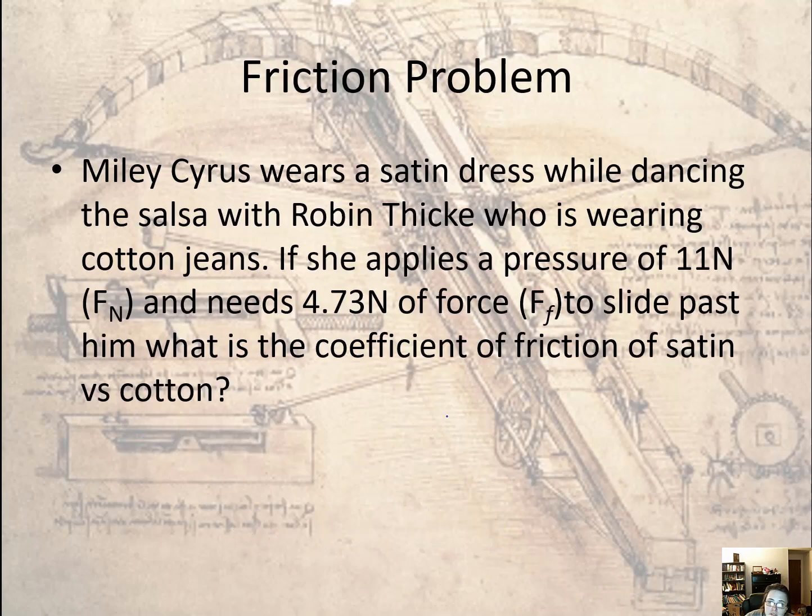Okay, so here's a friction problem. Miley Cyrus wears a satin dress while dancing the salsa with Robin Thicke, who is wearing cotton jeans. If she applies a pressure of 11 newtons, the normal force, and needs 4.73 newtons of force, the force due to friction, to slide past him, what is the coefficient of friction of satin versus cotton? Now, mu, this is the coefficient of friction.